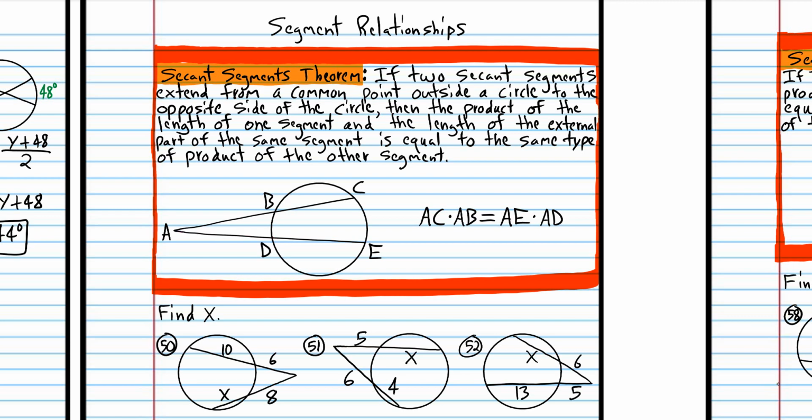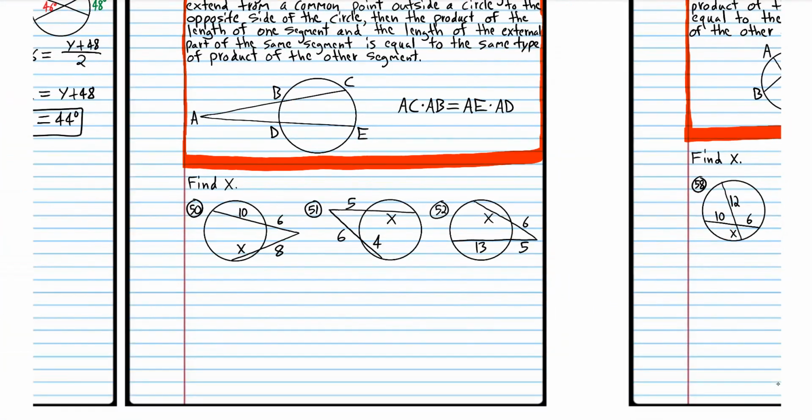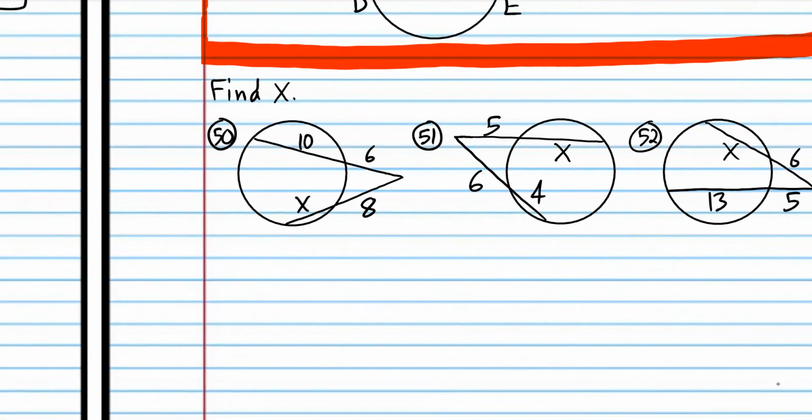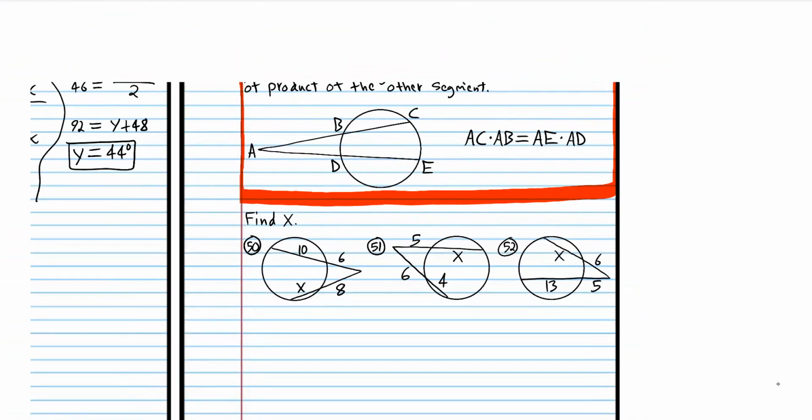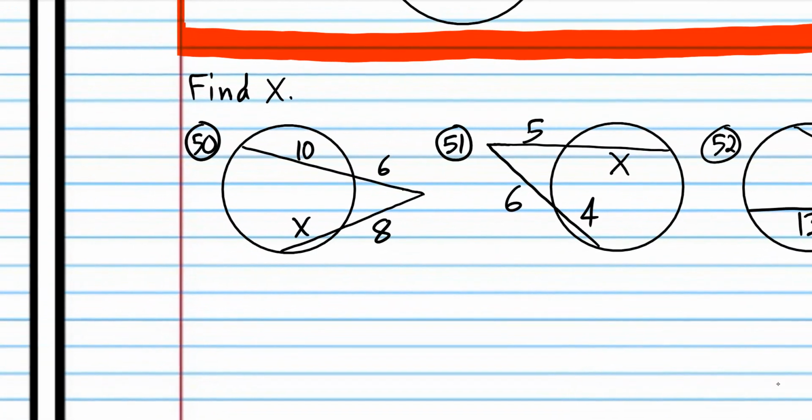So you can get a screenshot of that if you want, or a picture with your phone. So we're going to take the total length, and what this is telling us is that this length is 6 and this length is 10. So the total length is going to be the sum of those two.